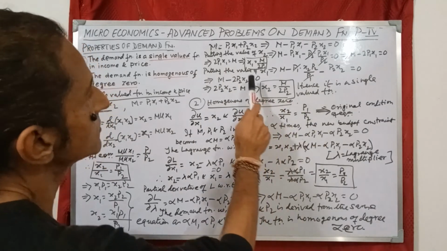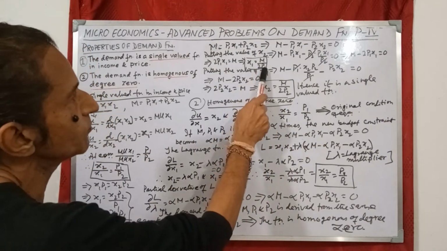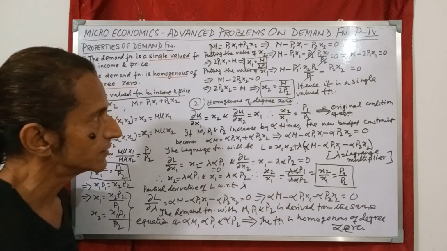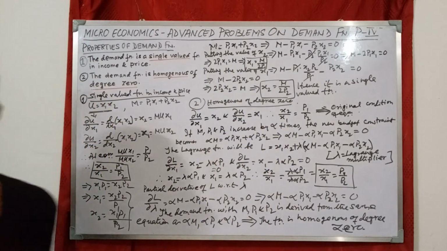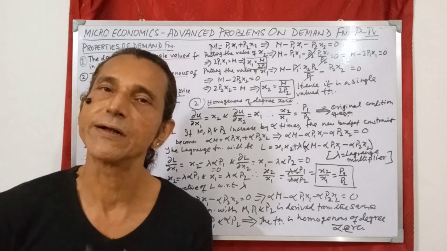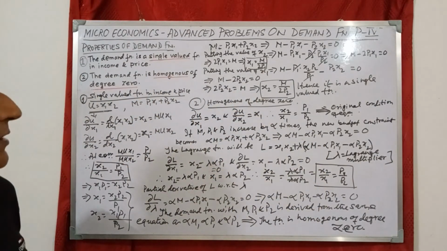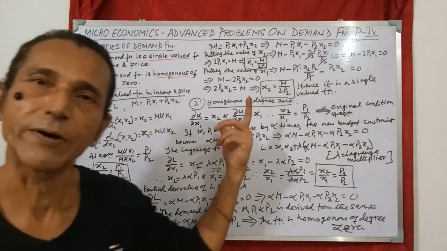And we have found out x1 equals m by 2p1 and x2 equals m by 2p2. This means there is a single value of quantity purchased by the consumer of the two commodities x1 and x2. So property number 1 is proved.